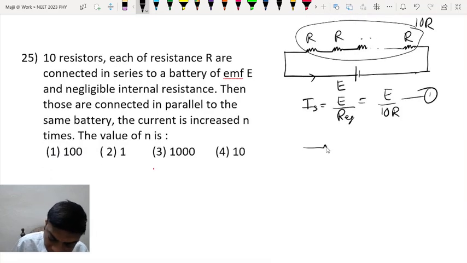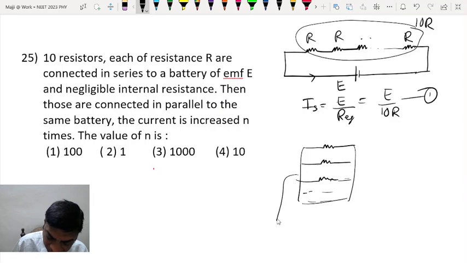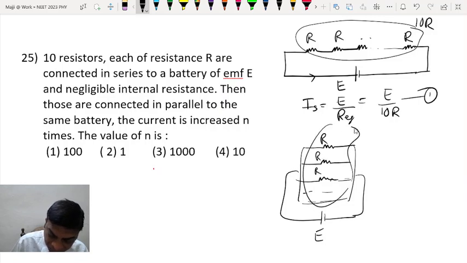Then in the next situation, they are joined in parallel. All of them are joined in parallel, and finally they are connected to the same cell. This time the equivalent resistance will be how much? Equivalent resistance will be R by 10.